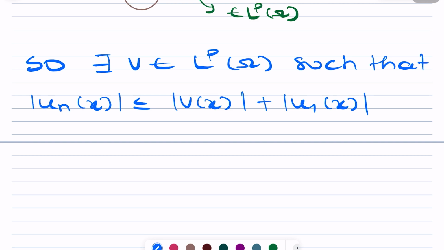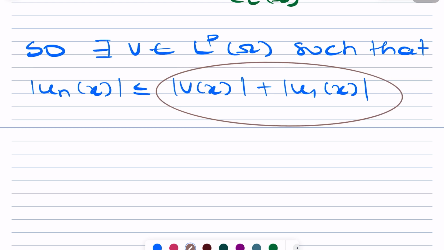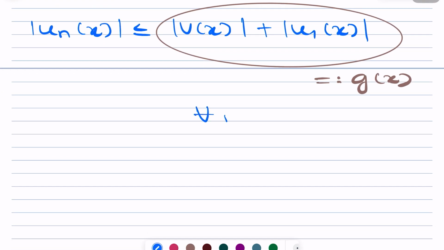Now you can call all this term here g of x, and of course this holds for every n and for almost every x in omega.